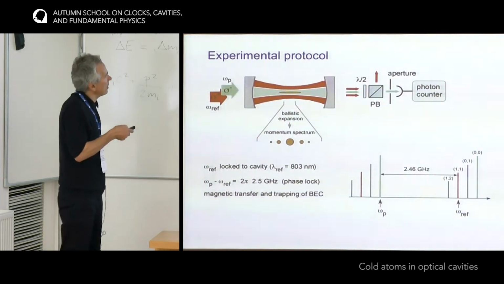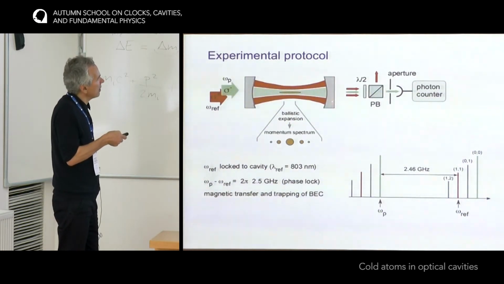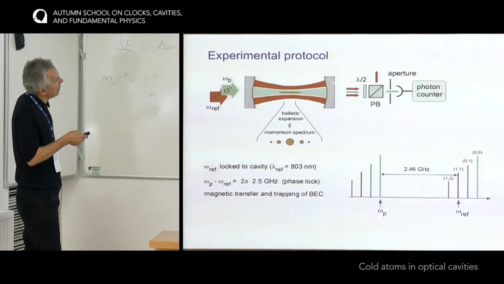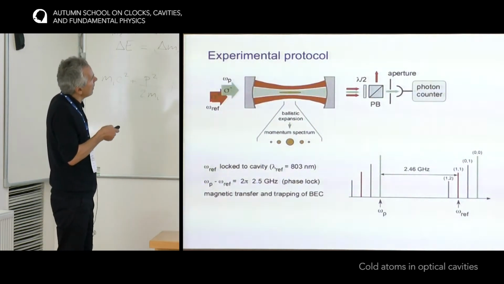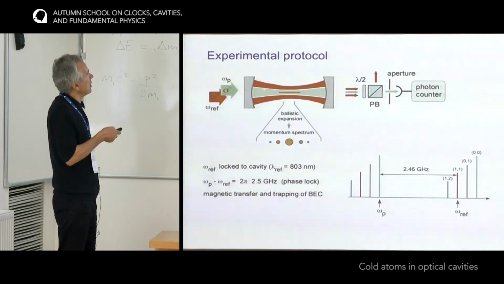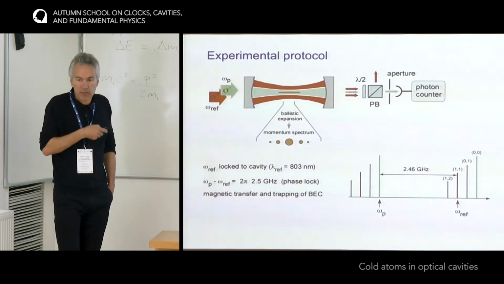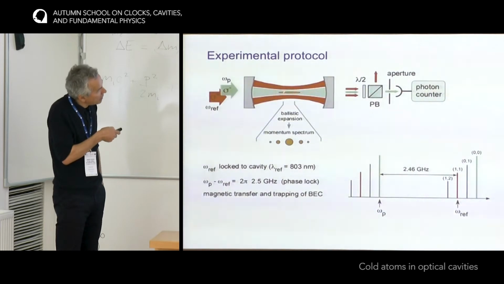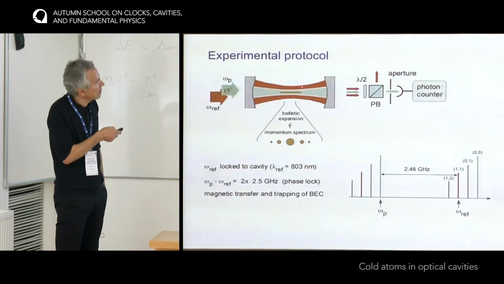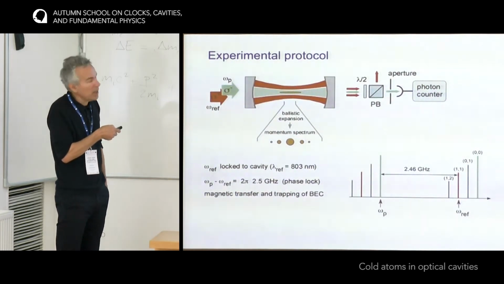And to know the instantaneous length of the cavity, we have to lock the cavity to another laser, which I call the reference laser, which is incoupled into the cavity using a 1-1 mode, a transverse mode, such that the Bose-Einstein condensate does not see much of that mode. These photons should not disturb the Bose condensate.